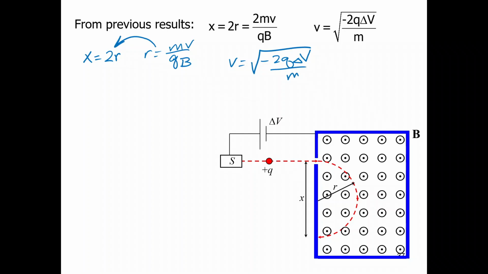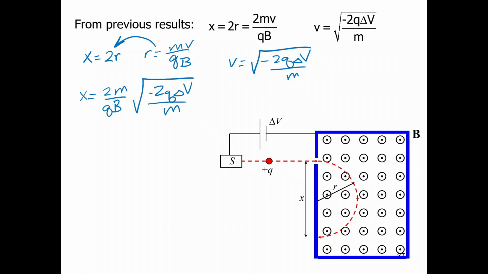Now, when I went back to this slide, I didn't substitute an E in this version, so I'm going to leave it as Q here for a second. I'll just substitute the E back in at the end, but it is still one elementary charge. So subbing in, we get that X is equal to 2m over qB times V, which is the square root of negative 2q delta V over m.